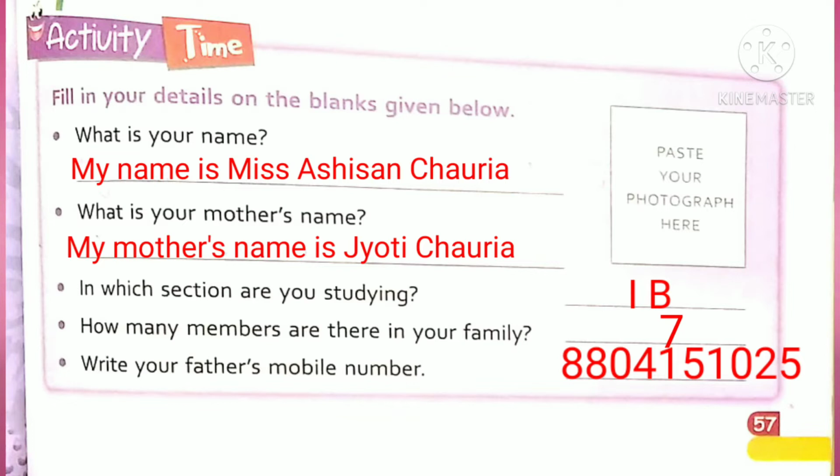In the same way, you are going to write your father's mobile number. What we have written and the answers we have given are called data. That means details about your family.